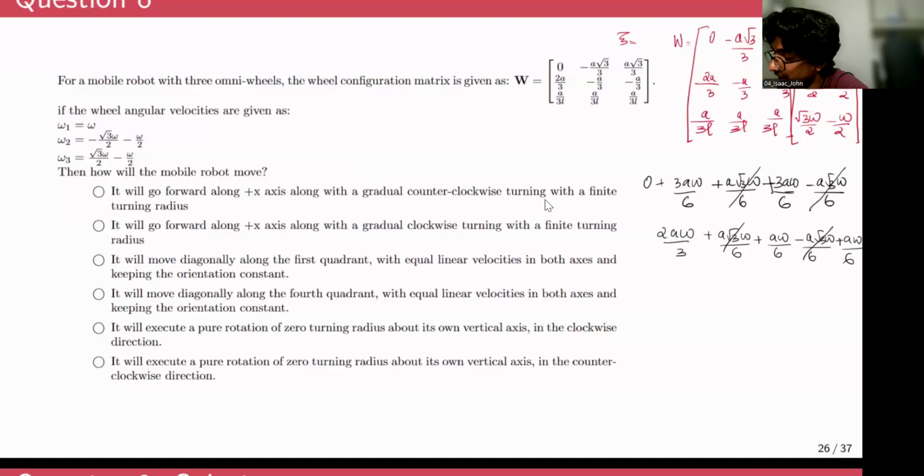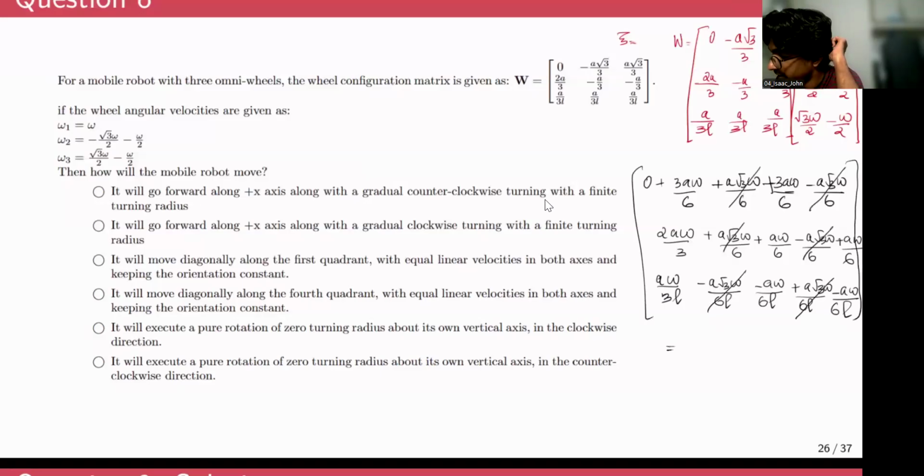And the final entry would be a omega by 3L, then you have minus a root 3 omega by 6L, then minus a omega by 6L, then plus a root 3 omega by 6L minus a omega by 6L. So here again these two terms will get cancelled.